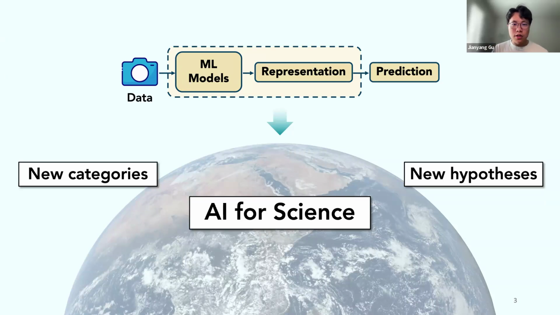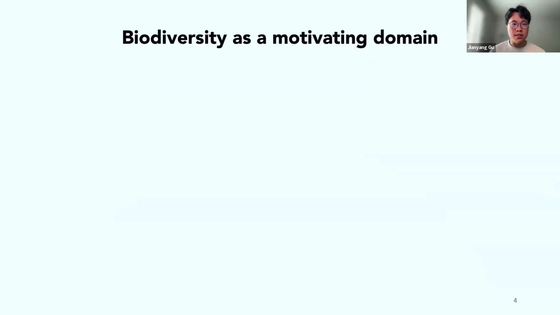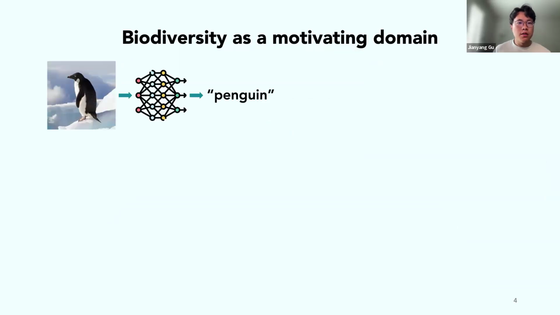So in this talk, I would like to use biodiversity as a motivating domain. It's mainly because biodiversity has relatively well-structured data and is closely associated with machine learning and computer vision. For example, here I show the pipeline of an image classification task where an image is passed through a neural network to produce the label penguin.